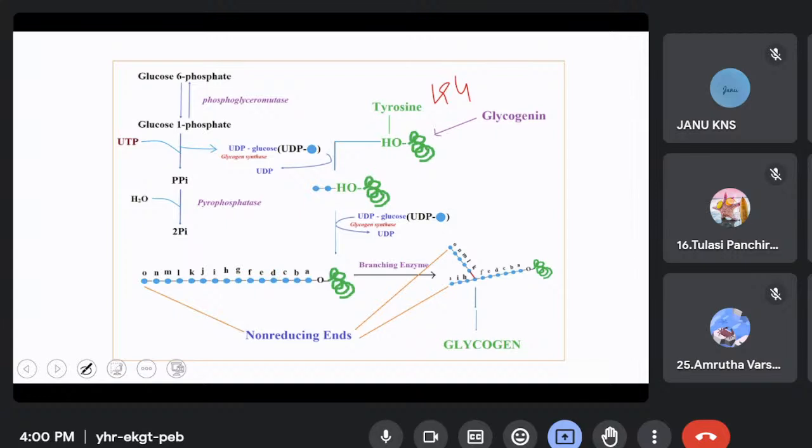Then what happens to this primer? To this glycogen fragment or primer, the UDP glucose starts donating the glucose molecules. Thus glucose molecules are being added. So towards the end, what happens? 6 to 8 are said to be removed, and now a branch starts here. This branch is formed by the transglucosylase enzyme, and this forms a 1,6-glycosidic bond.